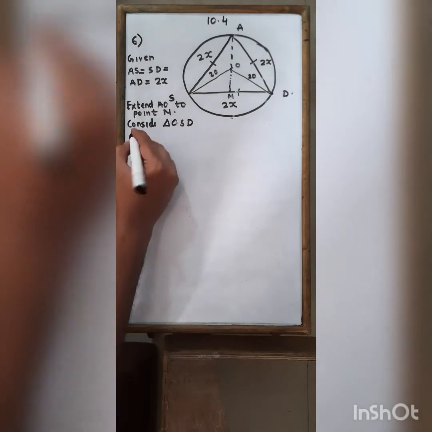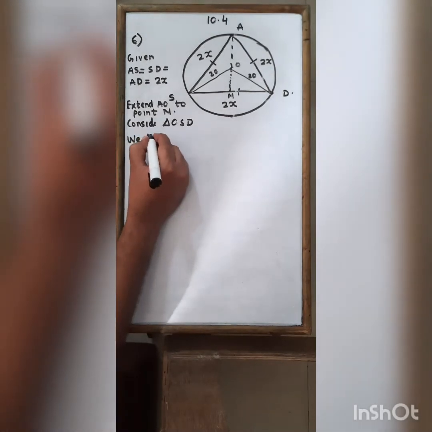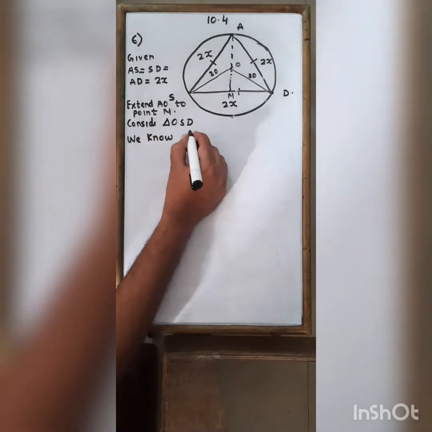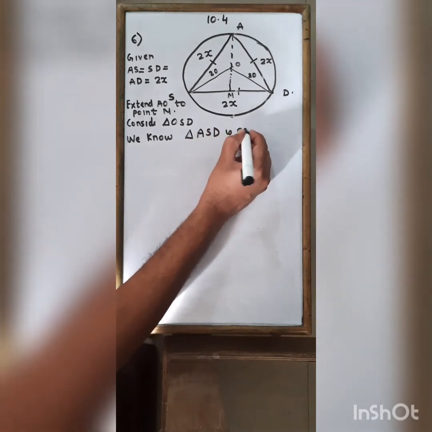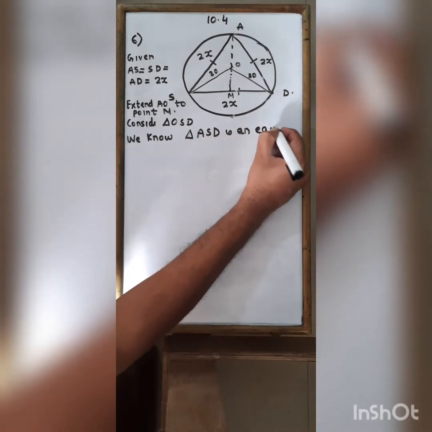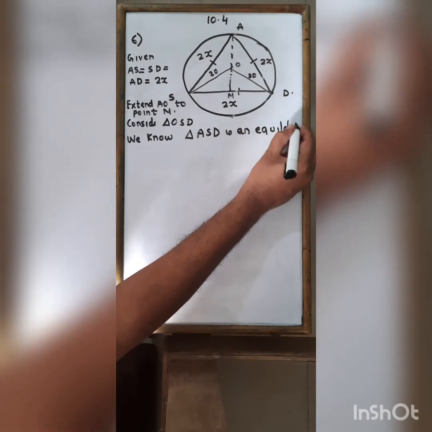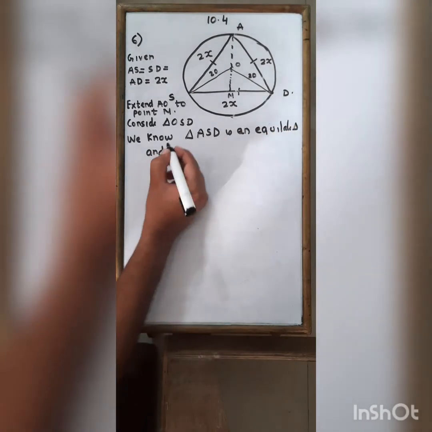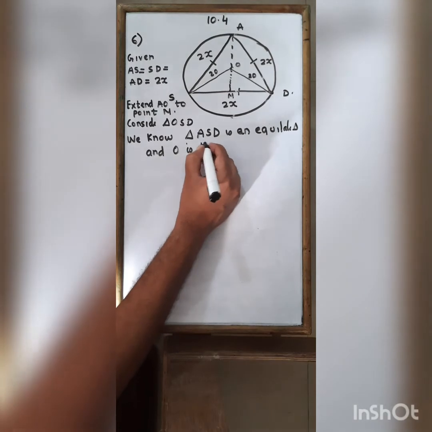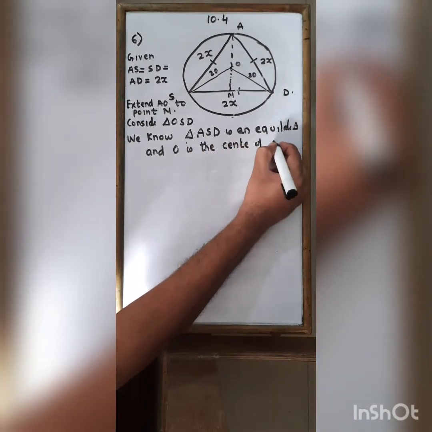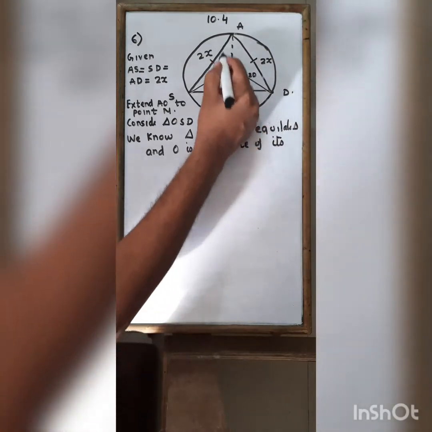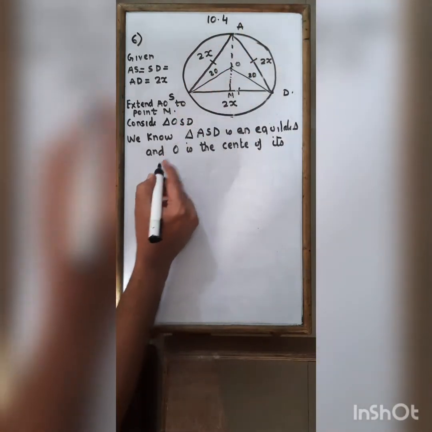Now in the next part we are going to use a special property of a triangle. Okay, so we know triangle ASD is an equilateral triangle and O is the center of its circumcircle.